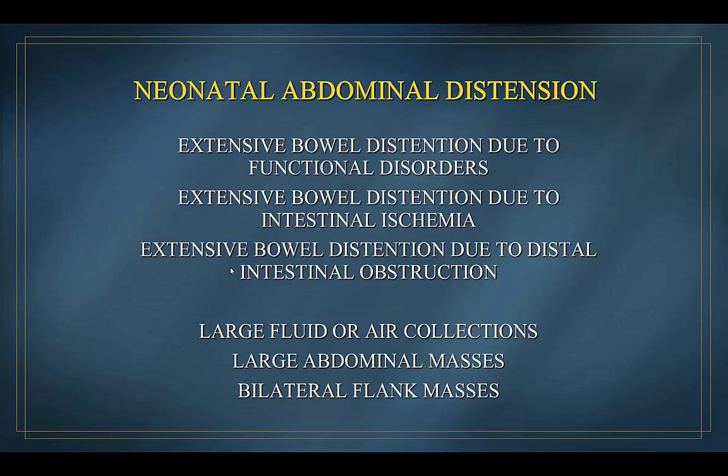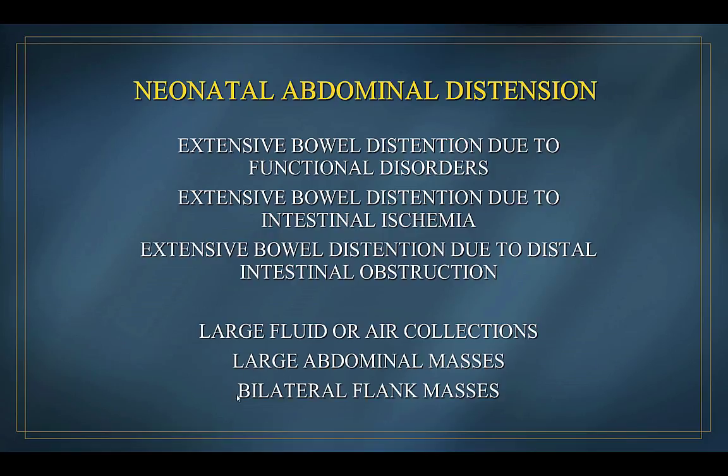Less common, but just as important, diffuse abdominal distension due to a distal intestinal obstruction, and this will be discussed. These other causes listed here, the only one that's frequent is if you have a large pneumoperitoneum, you can have an infant or a newborn presenting with abdominal distension.